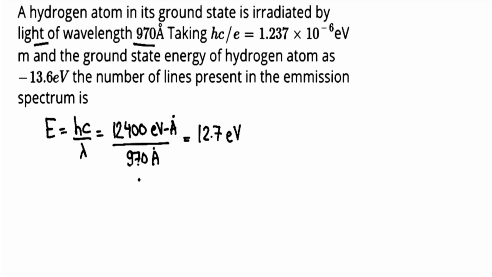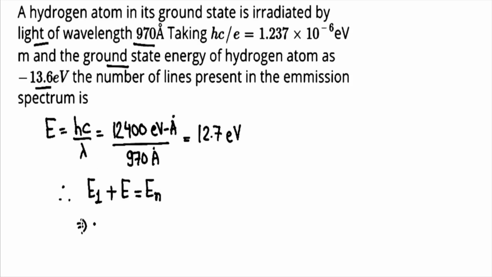Now in the question, the ground state electron having energy minus 13.6 absorbs this energy and gets excited to a higher excitation level. So by the energy conservation principle, energy in the ground state plus energy of the photon incident upon it will be equal to energy in the nth state.